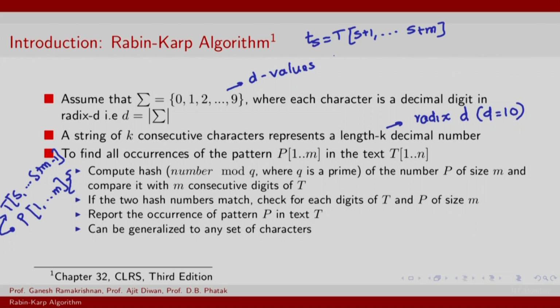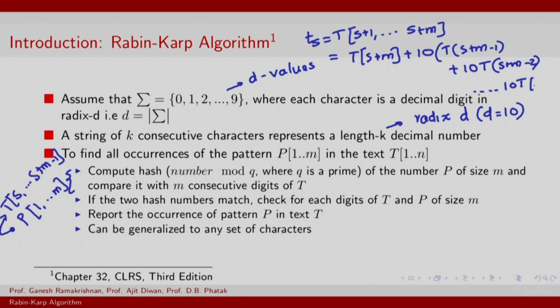So Ts will correspond to T of S plus m, plus 10 times T of S plus m minus 1, plus 100 times T of S plus m minus 2, and so on, until T of S plus 1.